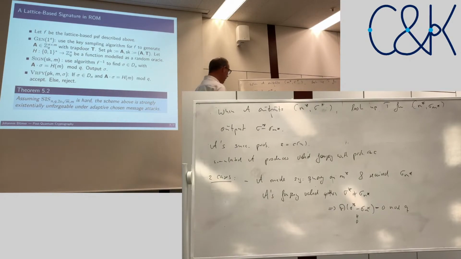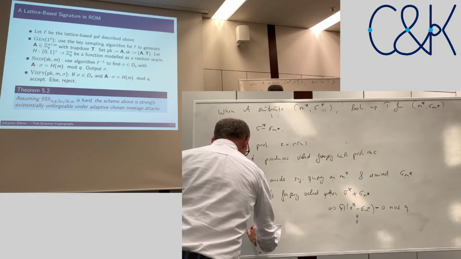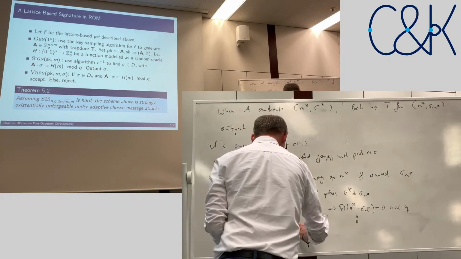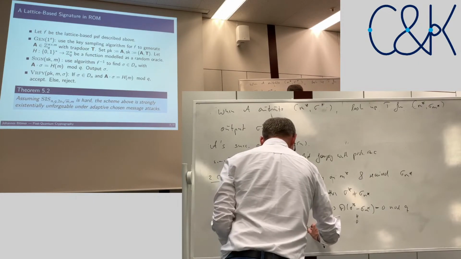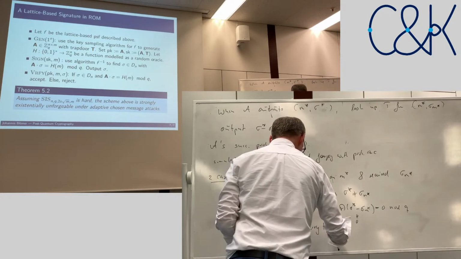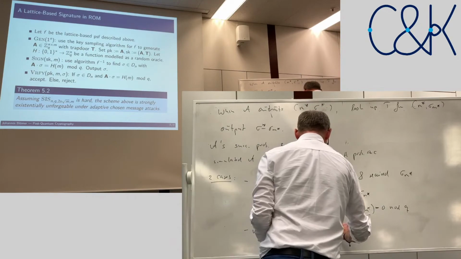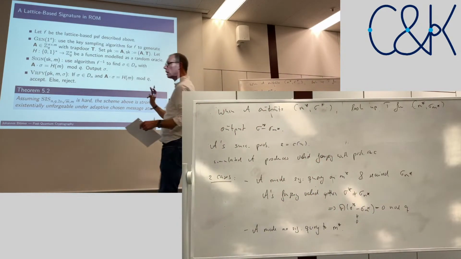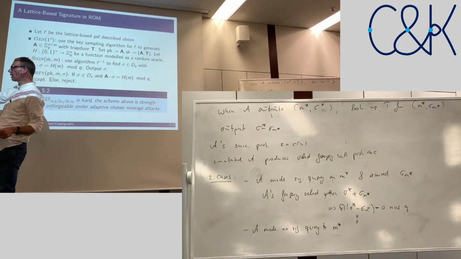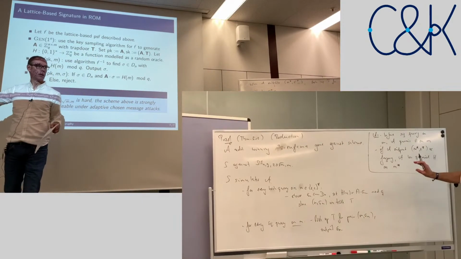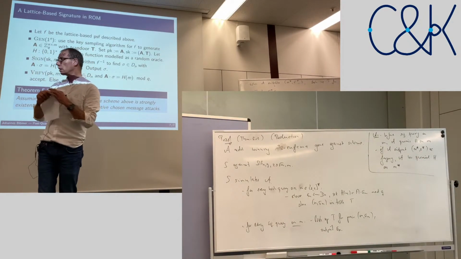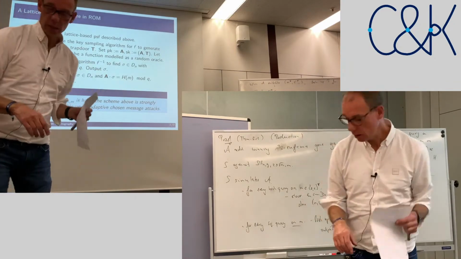Now the second case is that A made no signature query to M star, but it did make this hash query, and I need this here.